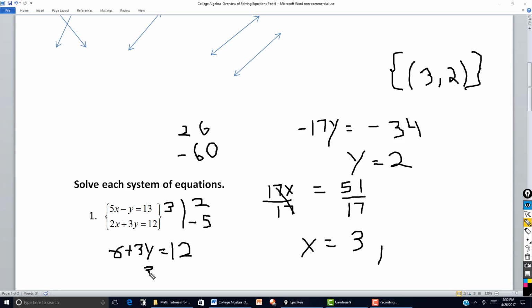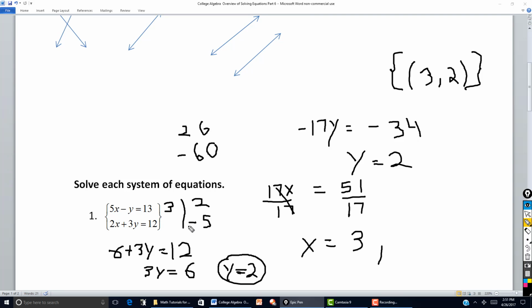I get 3y is equal to, after subtracting the 6, 6 from 12 will give me 6. And then 3 into 6 would be 2, so I get y equal to 2, which is what I would have done. I wanted to show you both methods, but this is what I've done here. So I did the elimination and then a little bit of substitution, and I get the same result.